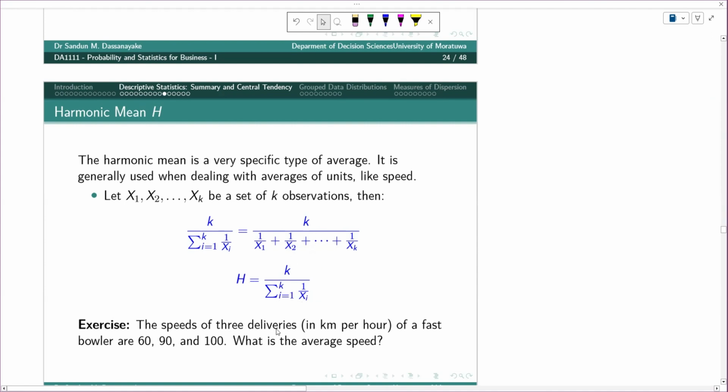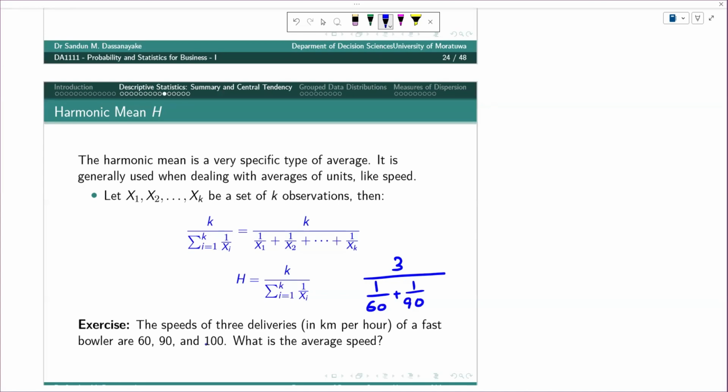The speeds of 3 deliveries of a fast bowler, in kilometers per hour, are 60, 90, 100. What is the average speed? If you try to get the average speed by just adding these, it would not be correct. So you have 3 deliveries divided by 1 over 60 plus 1 over 90.